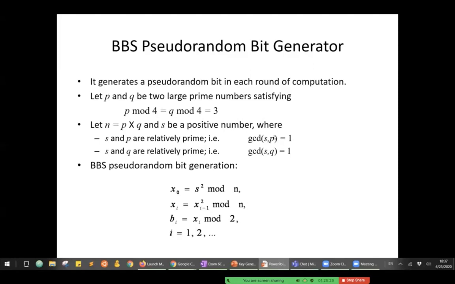If S is 12, that obviously satisfies this. And with 23 and 12, that also satisfies it, the GCD of 12 and 23 is also 1.